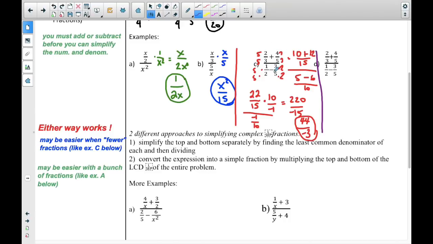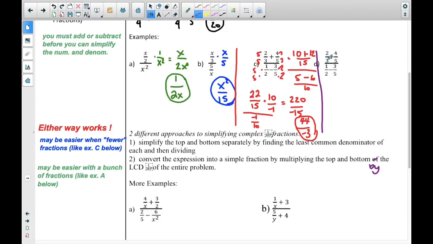And so the other way to go about the problem is instead of all that little tiny multiplying, we can do just a few big multiplications. And that is this second option. Multiply the top and bottom by the LCD of the entire problem.